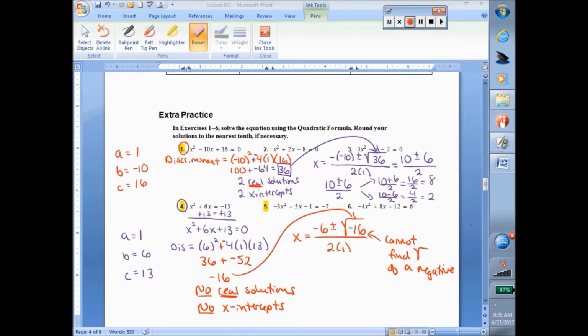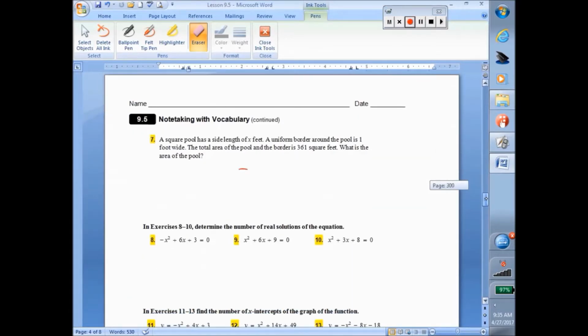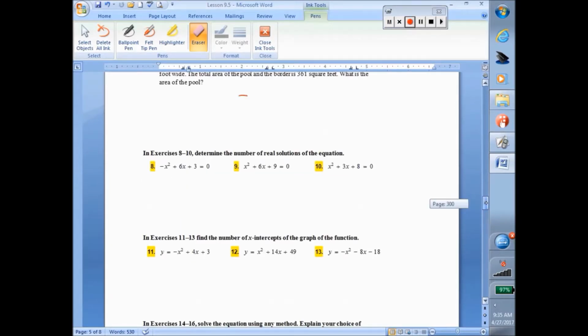So we've seen an example where we've had 2 real solutions. We've now seen an example where we didn't have any real solutions. Let's try out one more. I know I said one more the last time, but let's go ahead and turn to page 300. And I want to look at question number 9.